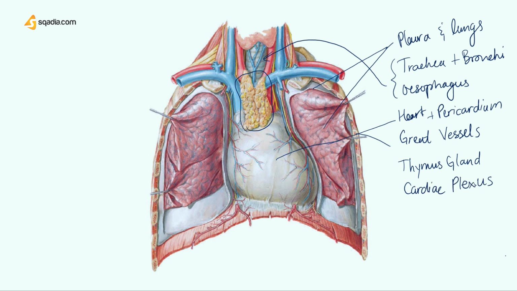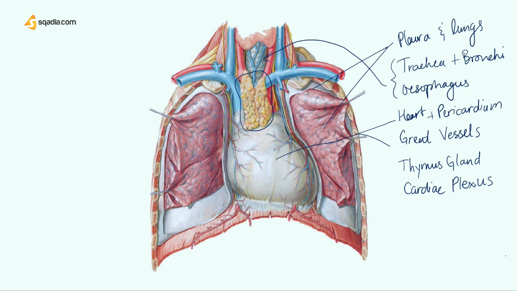We also have the sympathetic trunks, which you can't really see in this image, but it's along the posterior aspect of the thoracic cavity, just anterior to the attachment of the ribs to the thoracic vertebrae in this line down here on each side.